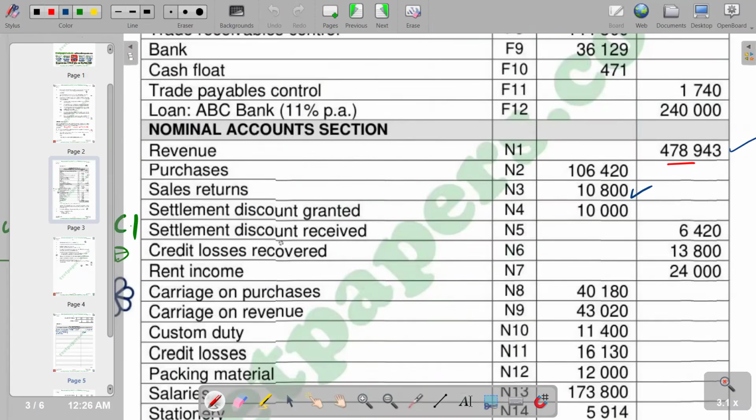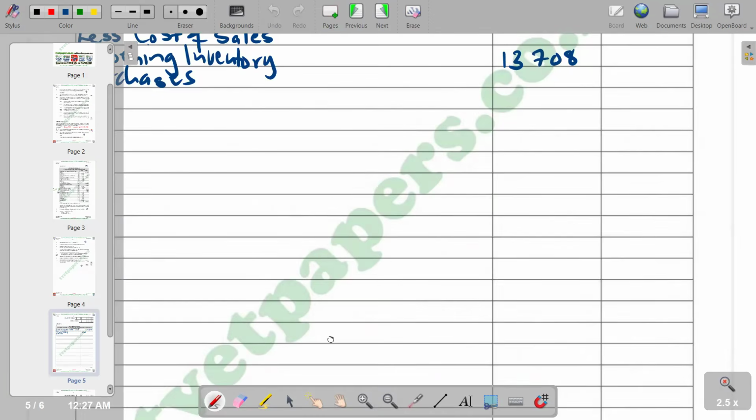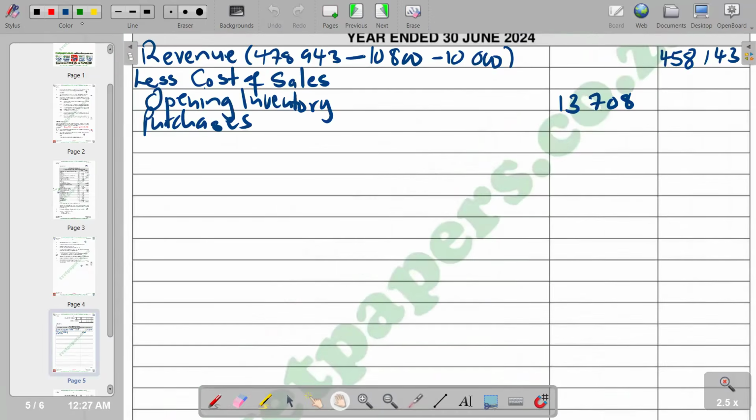We see that we are not having purchase returns, but we are having settlement discount received of 6,420, which is to be subtracted from our purchases of 106,420. So purchases in brackets, we have 106,420. And then we subtract our settlement discount received, 6,420.